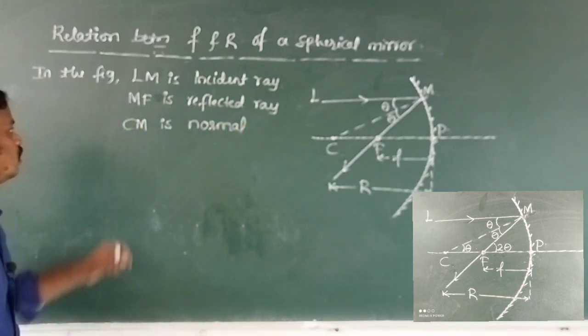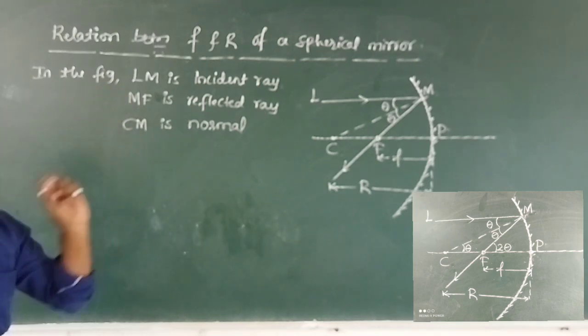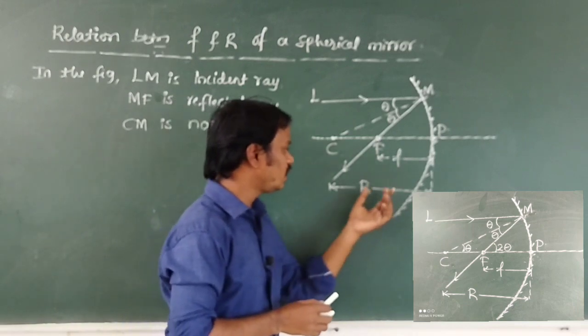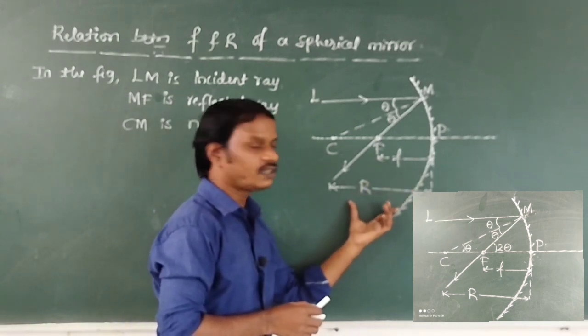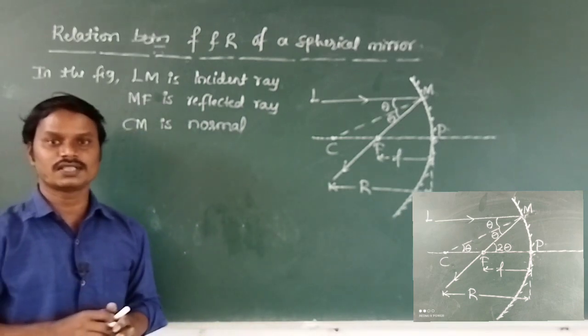Now, LM is the incident ray, MF is the reflected ray, and CM is the normal in the figure. Now, what we have to derive here? We have to derive the relation between focal length and radius of curvature. So, first we use the alternate angles concept.